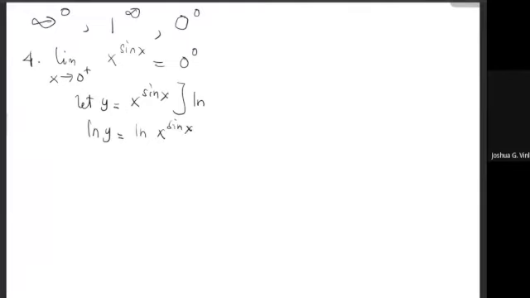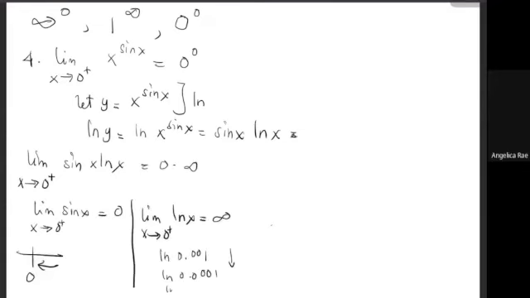And then using the law of logarithm, this is sine of x times ln of x. If you write this as an expression with limit, what value do we have here? An indeterminate form. Initially, this was it. Then we reduced it to this.